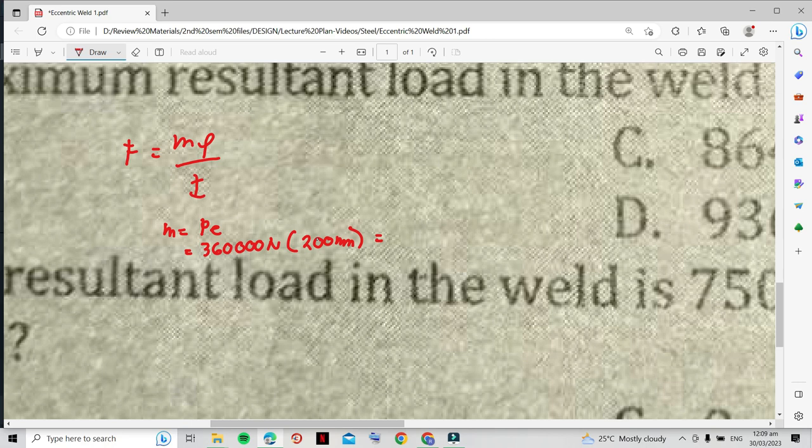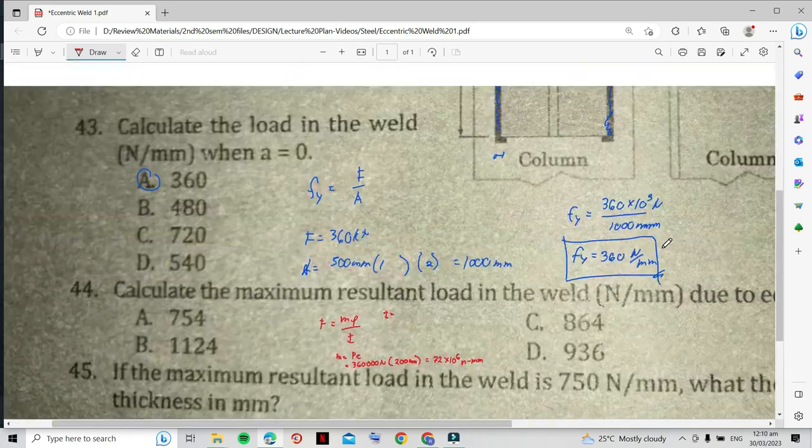You will have 72 times 10 to the power of 6 Newton mm.